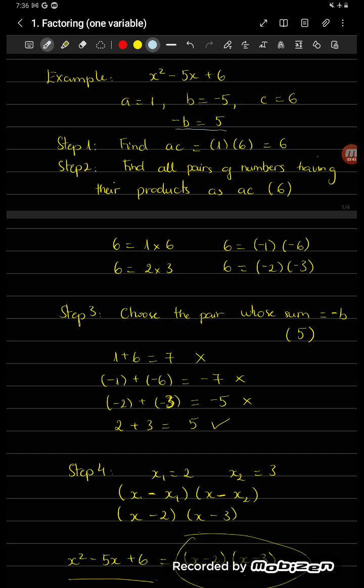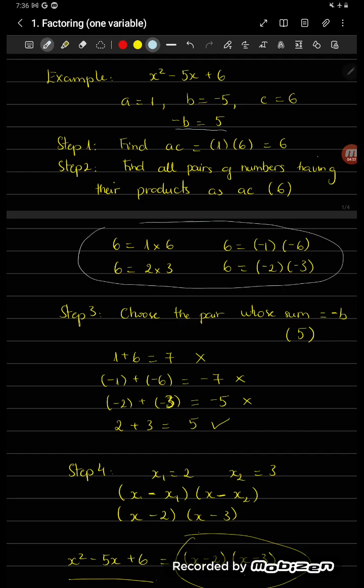Okay, and now step 3. We need to choose the pair whose sum equals negative b. Negative b here is 5, like I said before. So now we check the 4 pairs above.